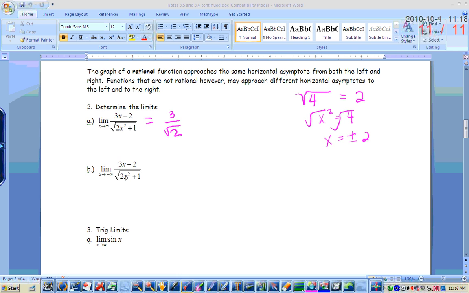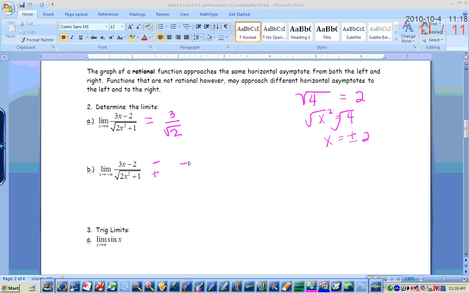Okay, B is the exact same problem, except this time it's as x approaches negative infinity. Well, it's going to have something to do with 3 halves. But on top, as x approaches negative infinity, is the numerator going to be positive or negative? Negative. And as x approaches negative infinity, will the denominator be positive or negative? Positive.